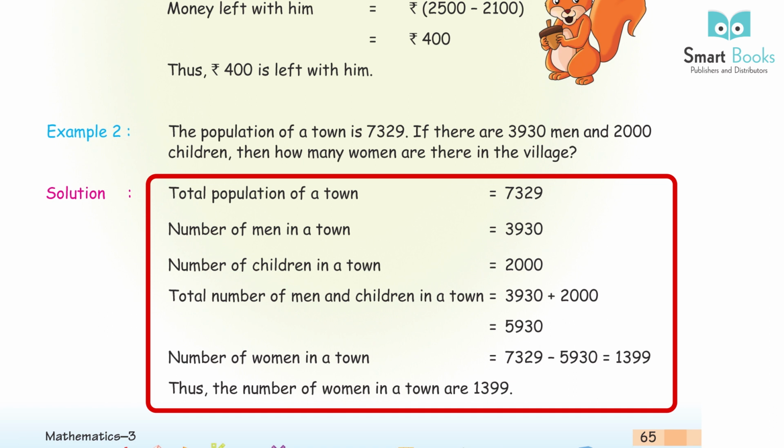Total number of men and children in a town 3,930 plus 2,000 is equals to 5,930. Number of women in a town 7,329 minus 5,930 is equals to 1,399. Thus the number of women in a town are 1,399.